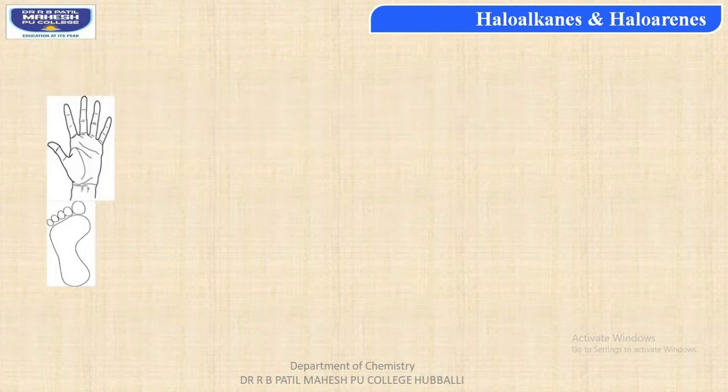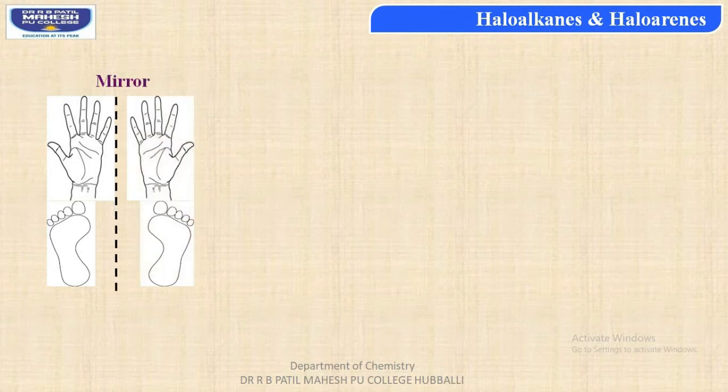The first example is the left palm and left foot. If you place it in front of a mirror, students, then we get the mirror image of both. Whether the mirror image of the left palm can be superimposed on the original one, which is not possible. And the same thing you can observe with the foot.